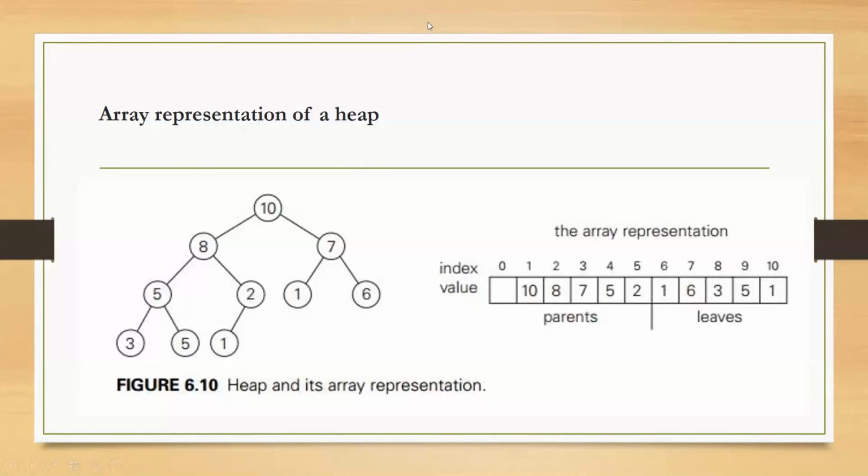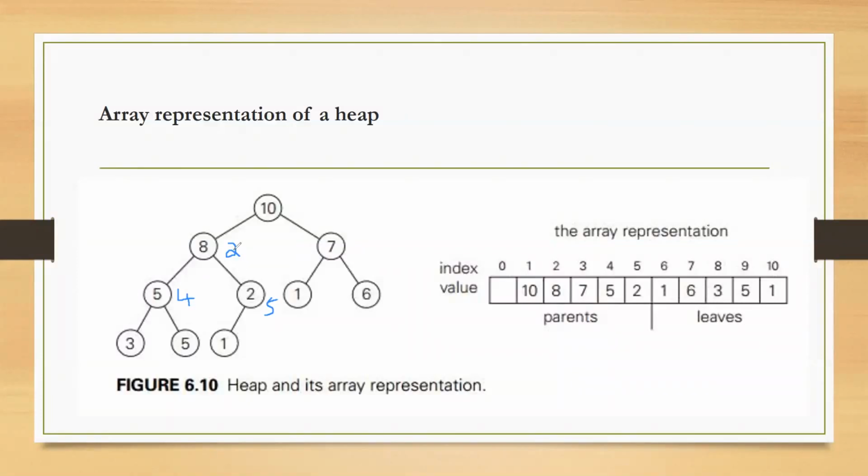For example, I'll use annotation. The index of 5 is 4 and the index of 2 is 5. I want to calculate the index of its parent. The index of its parent is i by 2. 4 by 2 is 2, and 2 is the index of this 8. Even if you take the right child, index 5, 5 by 2 is 2 itself, so we get 2.